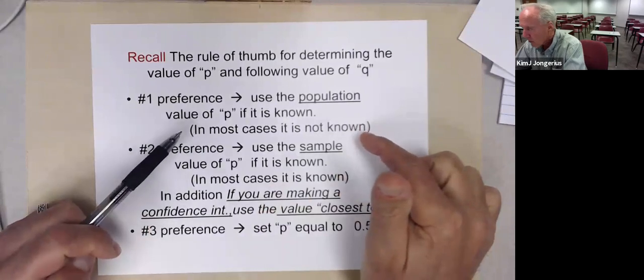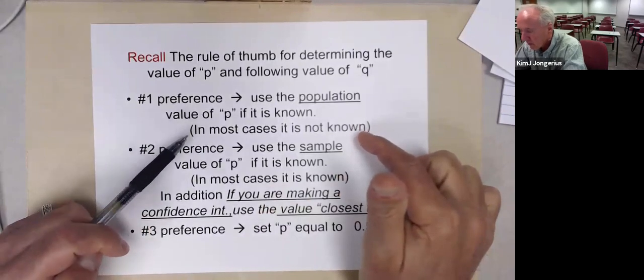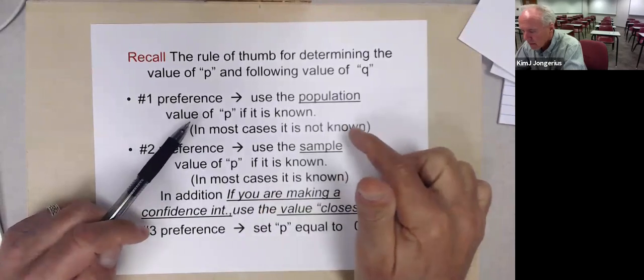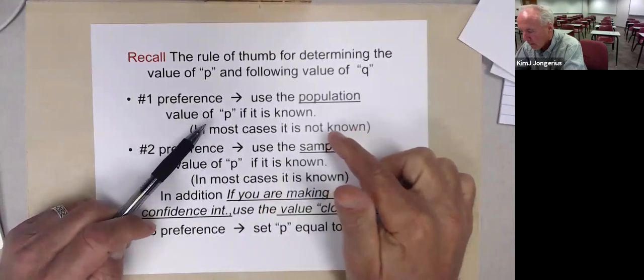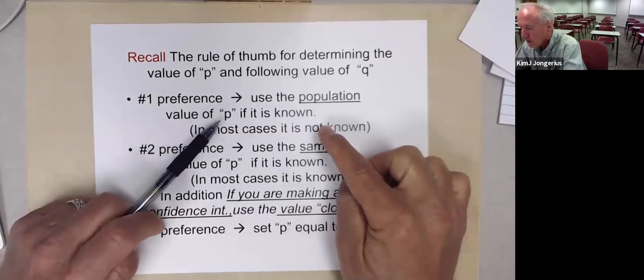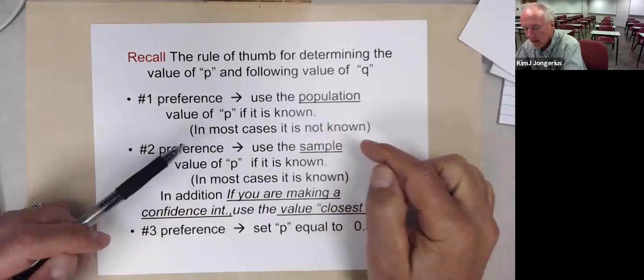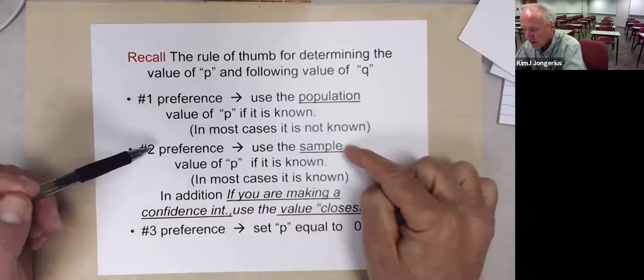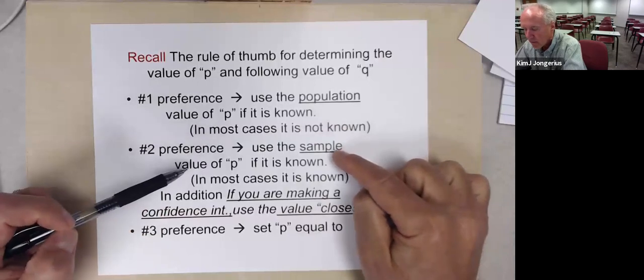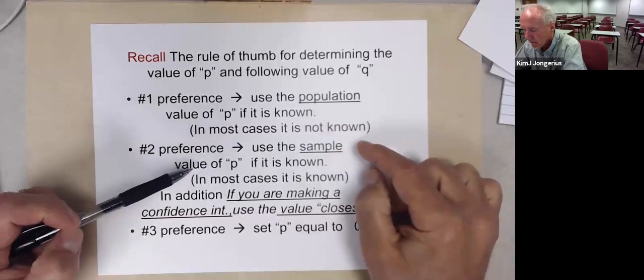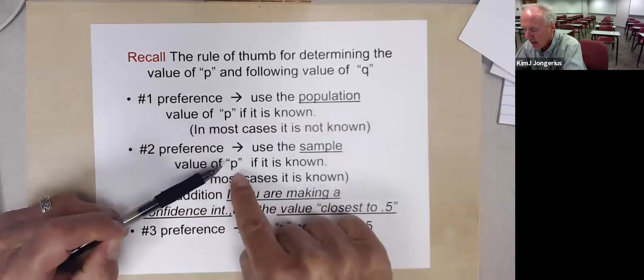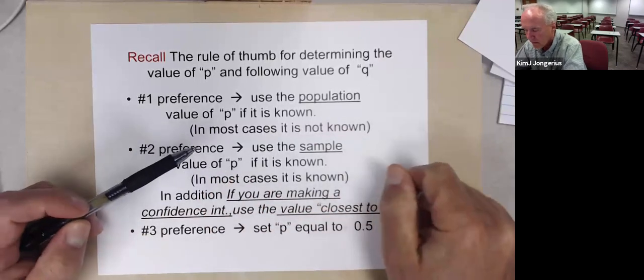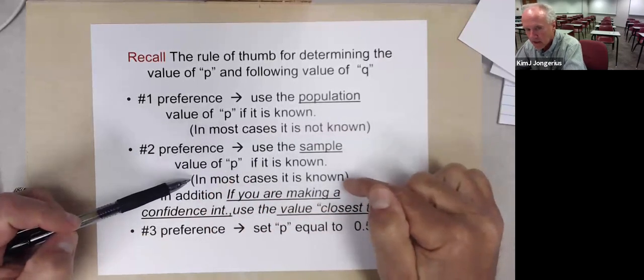Partly that's why we're trying to make a confidence interval: we don't know P. But sometimes we have an estimate of it or a past history of it, in which case we would use that P value. If none of those are available, our second preference is to use p hat from the sample. That gives me a sample value of the population proportion.